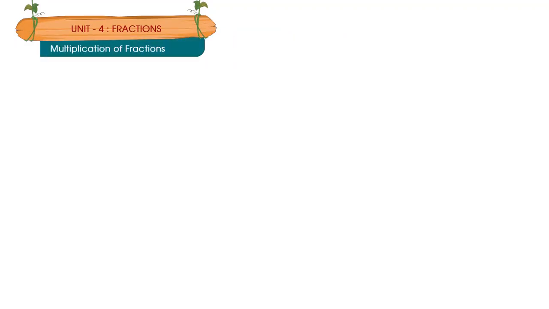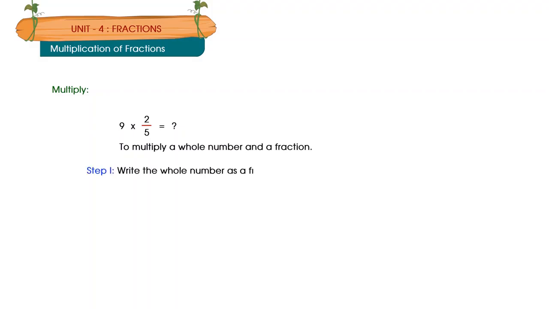Multiplication of fractions. Multiply: 9 into 2/5 is equal to how much? To multiply a whole number and a fraction, step 1: write the whole number as a fraction, 9/1 into 2/5.